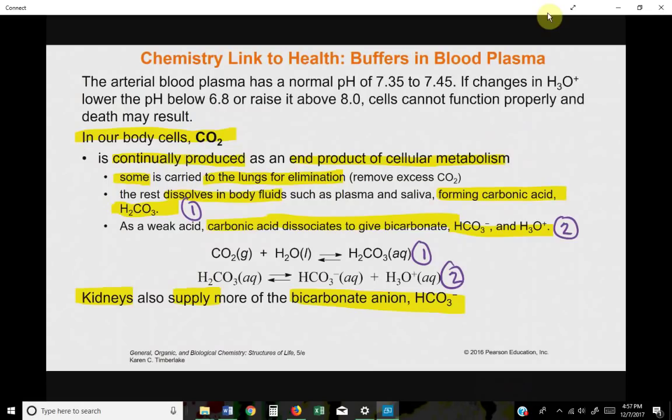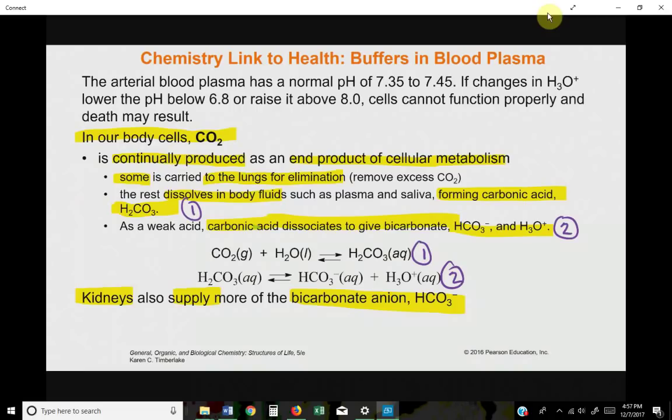If we have too much acid or too much base, it can result in death. So where do we get carbon dioxide from in our bodies? Well, we continually produce carbon dioxide as a product of cellular metabolism. So what do I mean by that? Whenever we carry out respiration and you break down glucose, you end up with carbon dioxide and water.